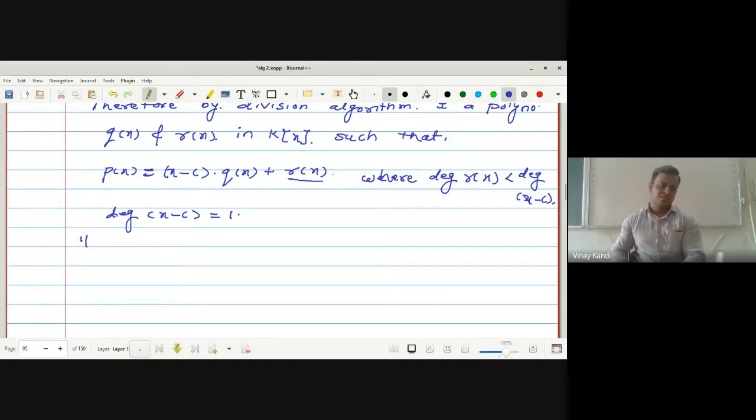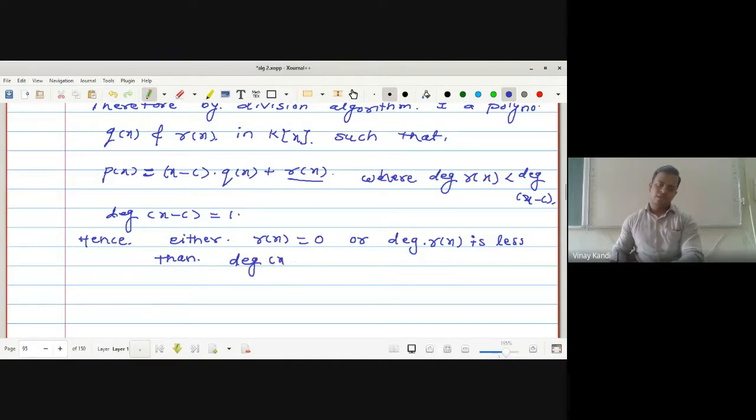Hence either r of x is equal to the 0 polynomial or the degree of r of x is less than the degree of x minus c. Is it correct?